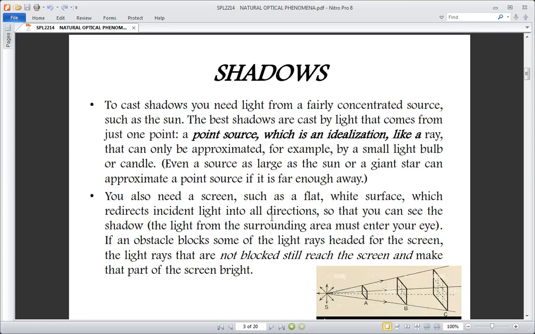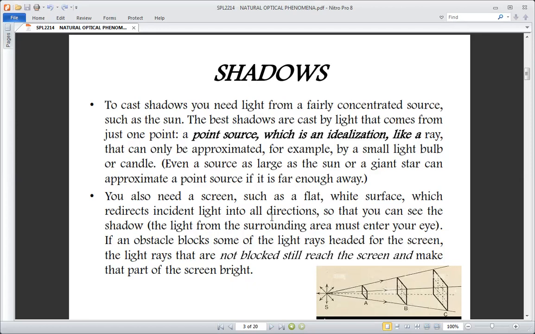So even the sun can be considered as a point source if the distance is too much. I mean it is far away. If the distance is too big, then the source of light looks like a point. So in that case, the distance makes the sun be considered as a point source.